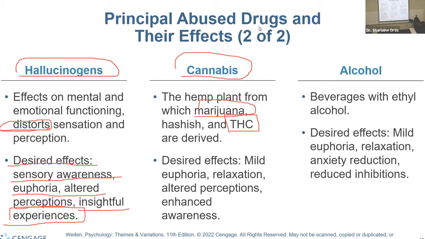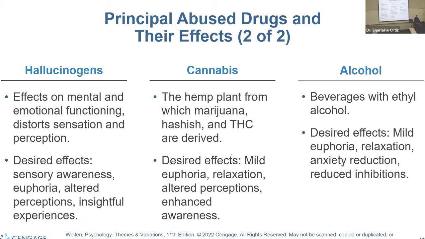And when we are talking about marijuana, generally, the desired effect that individuals are seeking is basically a state of mild euphoria, right? Some individuals do seek the intake of cannabis because they are interested, I should say, in the relaxation that this drug can provide to individuals. Not only that, it can also provide enhanced awareness with some persons.